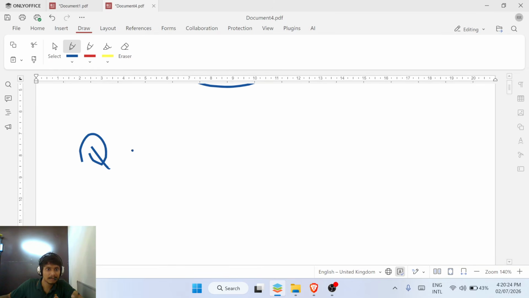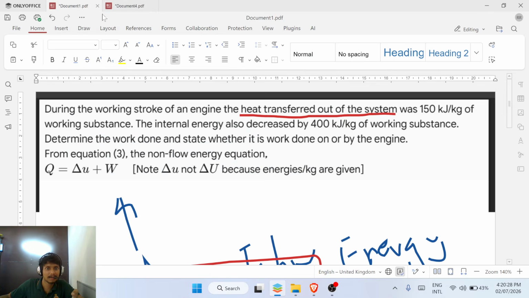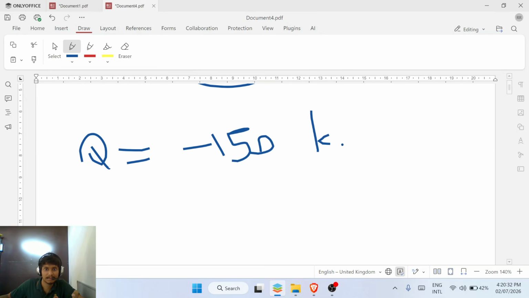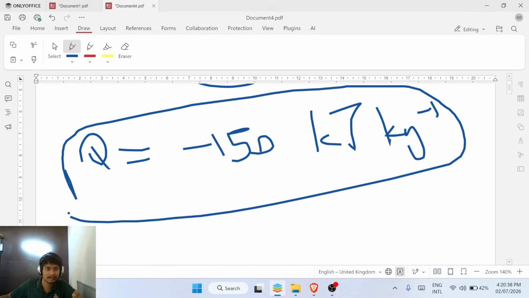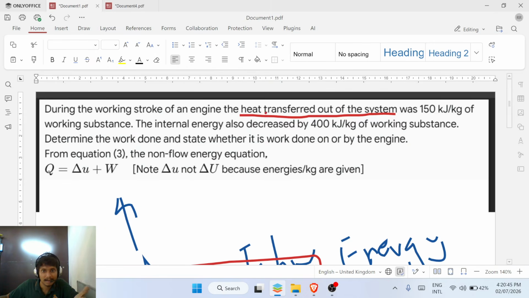Q is equal to minus 150 kilojoule per kilogram of working substance. This is the given data from that statement.